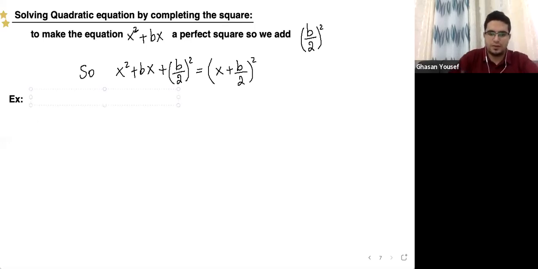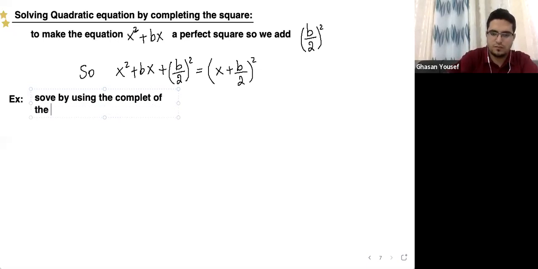So solve by using completing the square for the following quadratic equation.